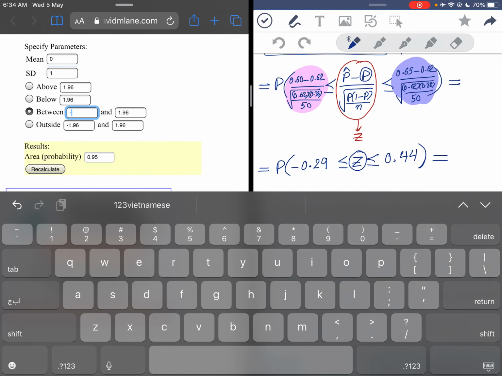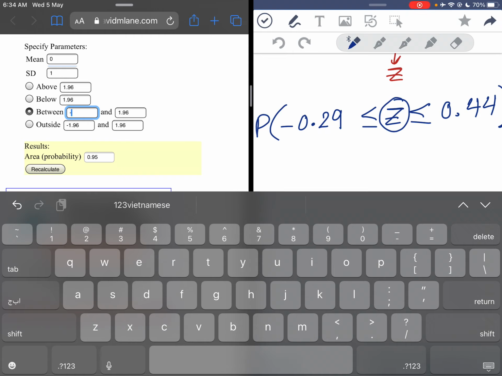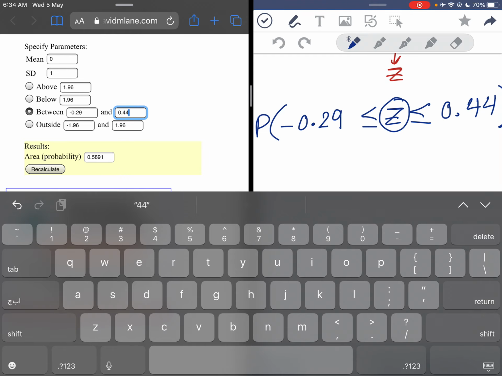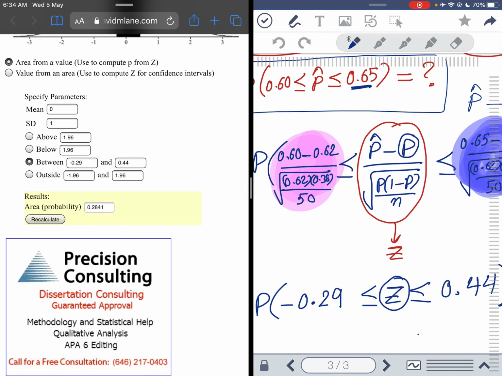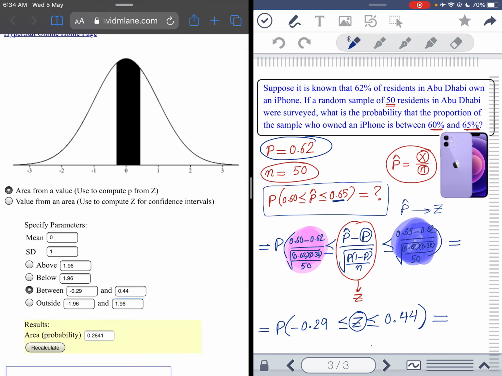We will look from here, between minus 0.29 up to 0.44, and calculate.